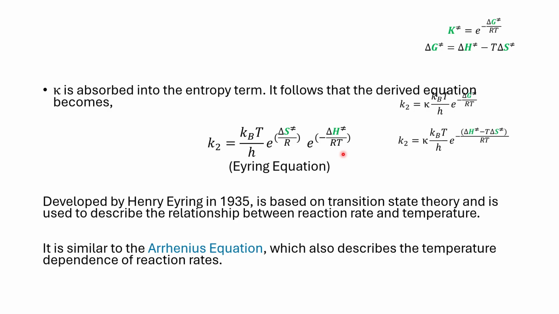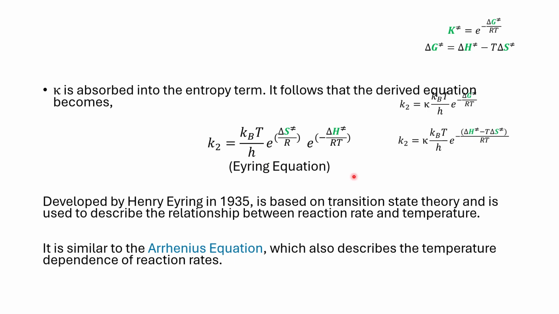This equation was developed by Henry Eyring in 1935, based on the transition state theory, and describes the relationship between the reaction rate and the temperature.